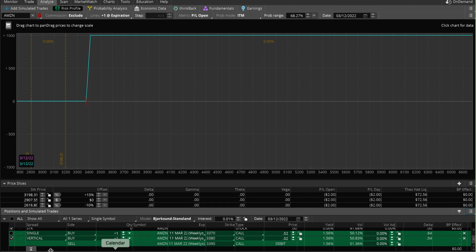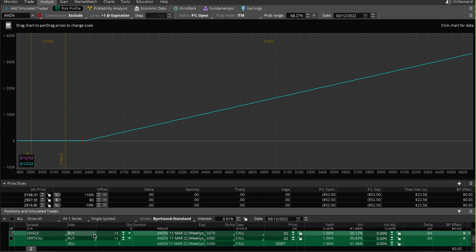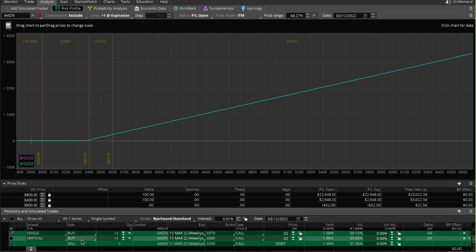If we owned this options contract, let's say we bought a single call option with a strike price of 33.70 that expires this upcoming Friday, the 11th of March.